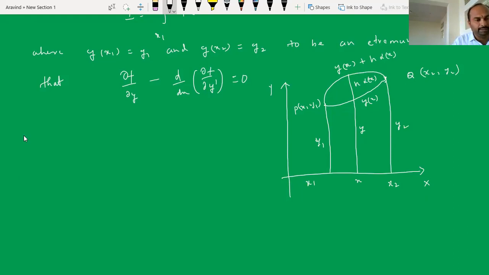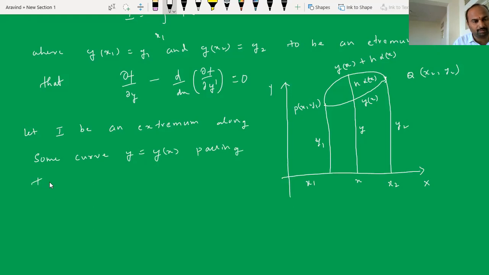So now let I be an extremum along some curve y = y(x) passing through the points P(x1, y1) and Q(x2, y2).